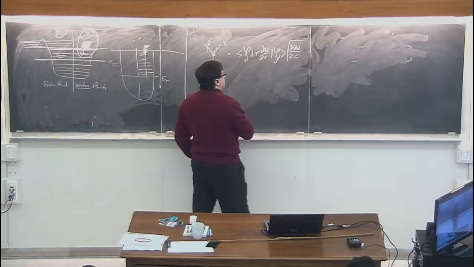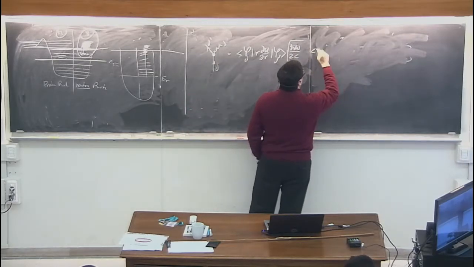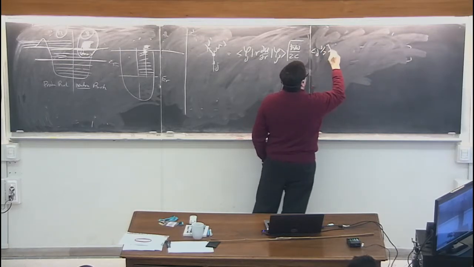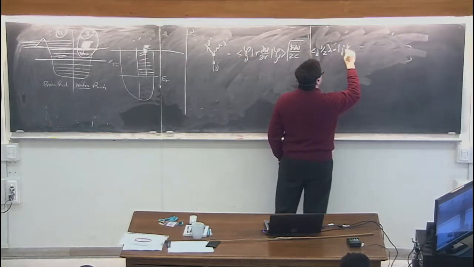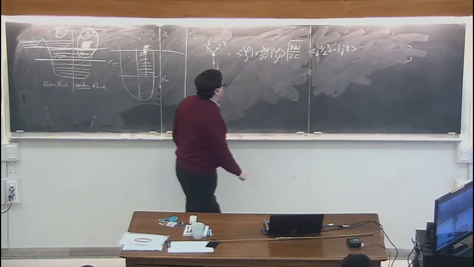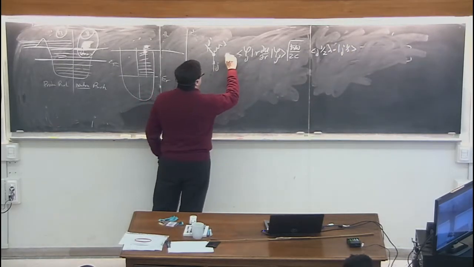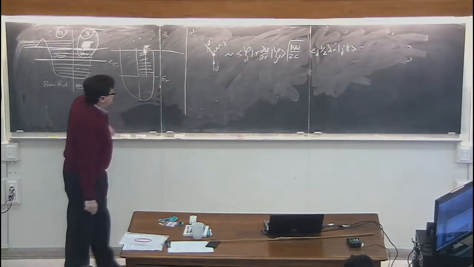And then you have some Clebsch-Gordan coefficients that you can put in order to modulate the different matrix elements properly. And these are the ingredients you have.